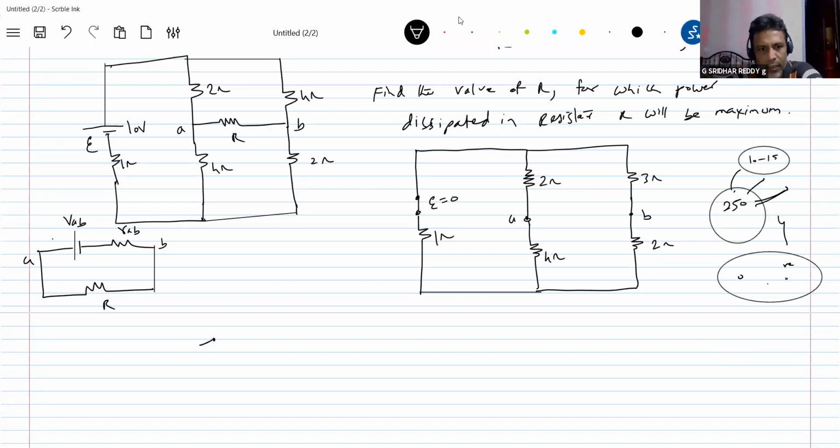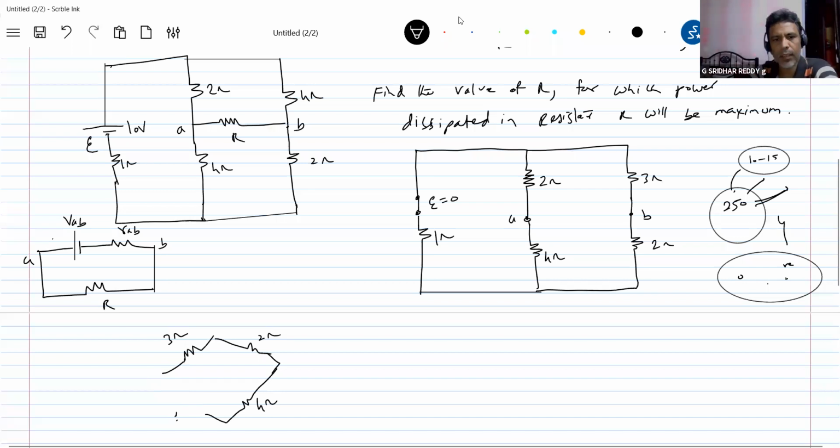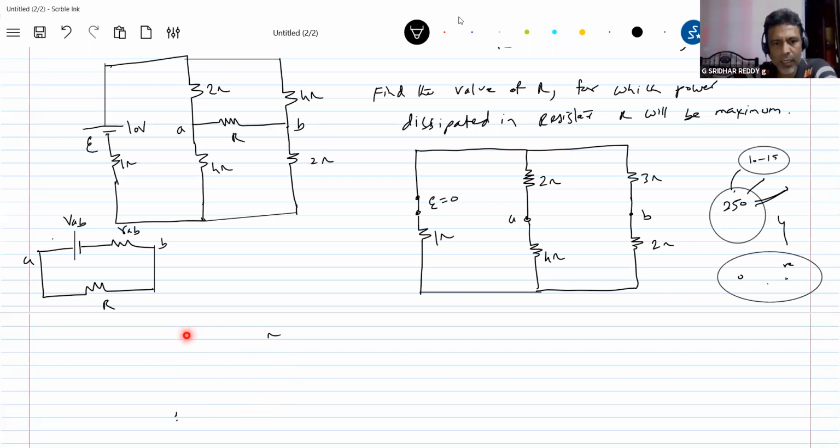I'll put it here now. This is 3 ohm, this is 3 ohm, this is 2 ohm, 2 ohm and this is 4 ohm. I'll bring a more suitable shape.